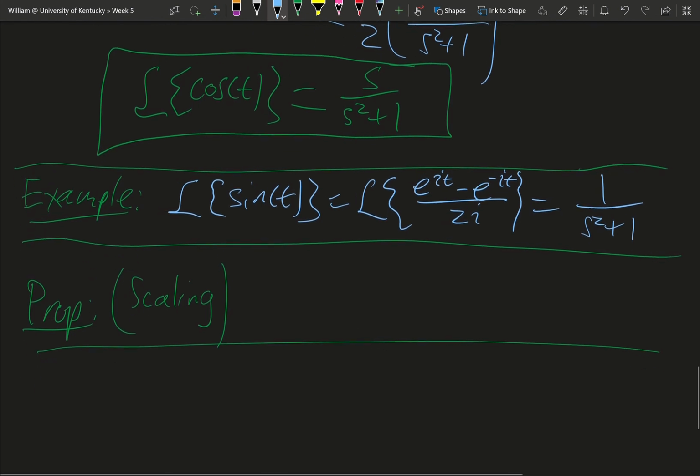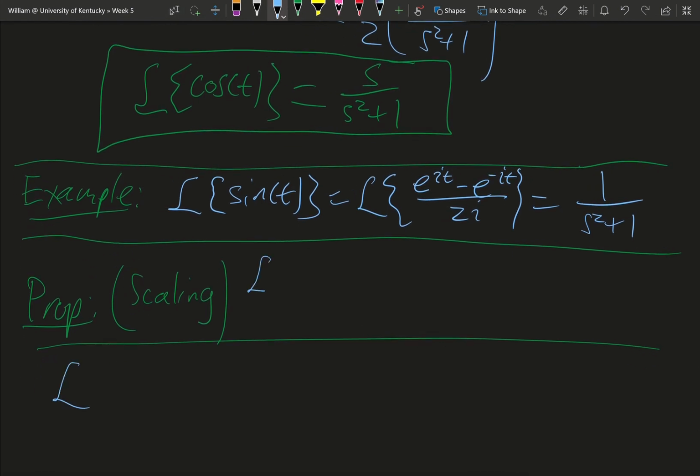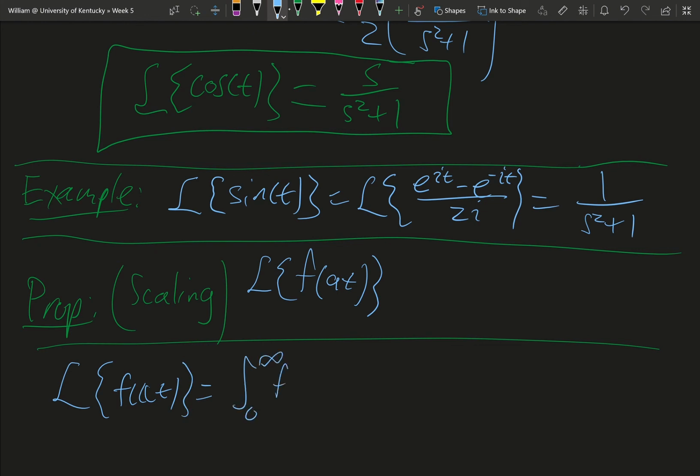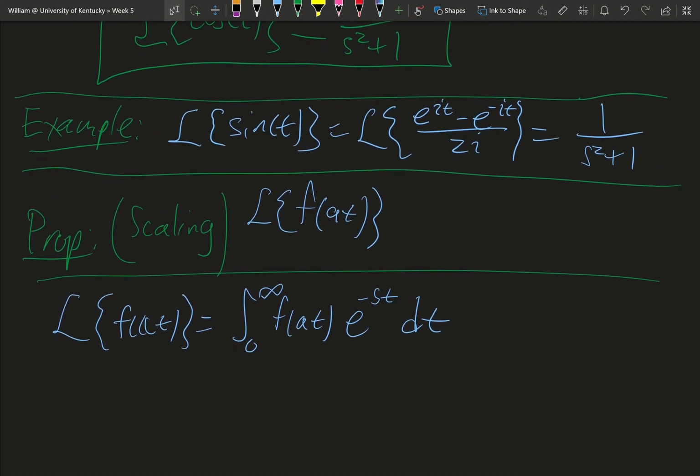So let's look at what happens when we compute the Laplace transform of f of a t, where a is just some constant. Okay, if I just proceed forward, I can't really do anything, but my goal is to express this in terms of the Laplace transform of f.